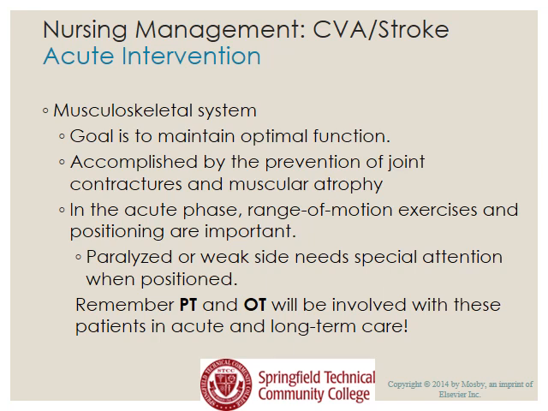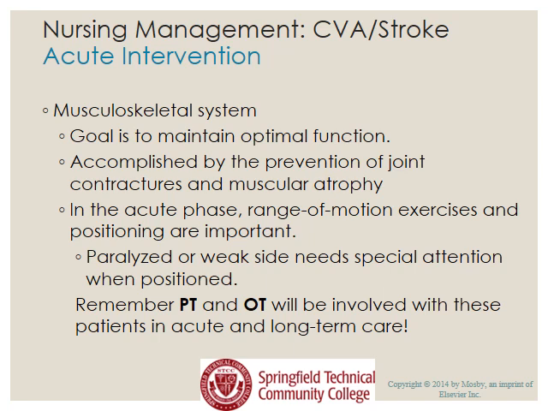The paralyzed or weak side will need special attention when the patient's positioned. So it's important that you're aware of where your patient's deficits are, and that you use pillows or wedges or whatever your facility uses to position them so they are not dependent, so the patient isn't lying on them, so that they are supported well.